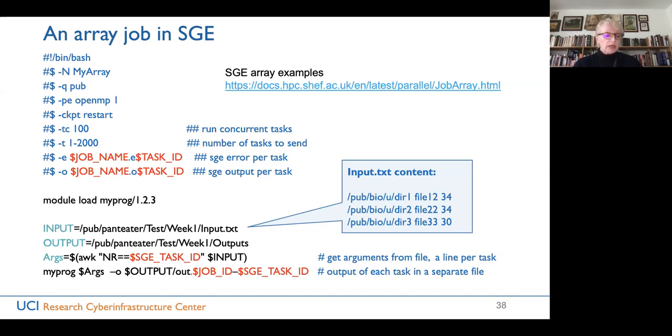I call it input.txt, and each line has specific content, which will be taken as variables. The line that starts with args on the slide shows how I can assign a particular line's values from the file to the arguments, and then at the very last line, I'm actually executing it.